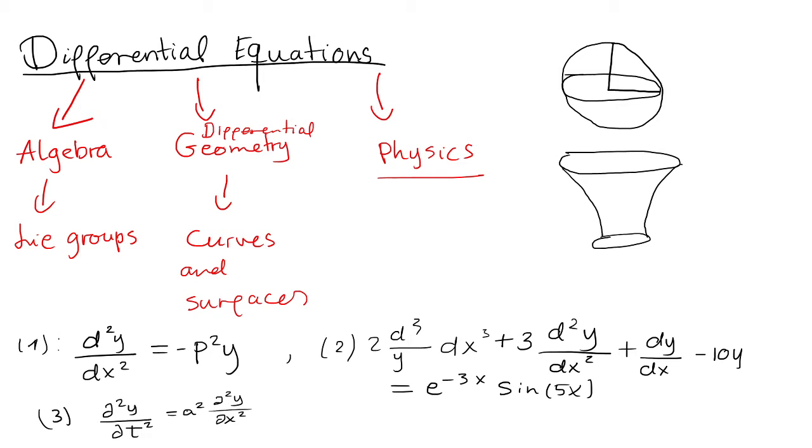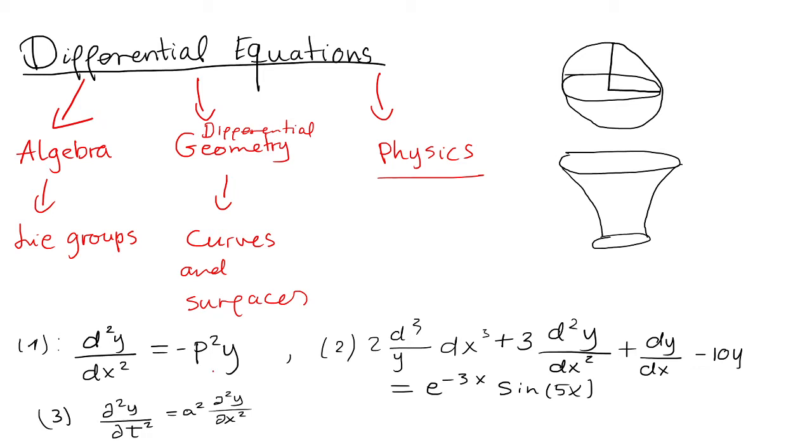Those which involve 2 or more independent variables and partial differential coefficients with respect to them, such as equation 3 over here, are called partial differential equations. I will mainly be talking about ordinary differential equations in this 10 lecture series.